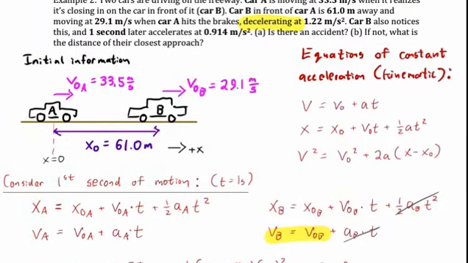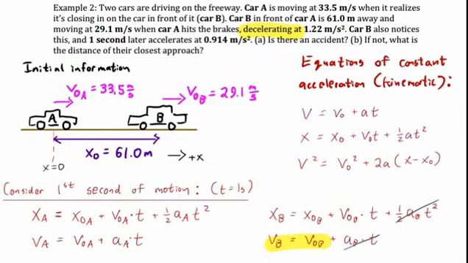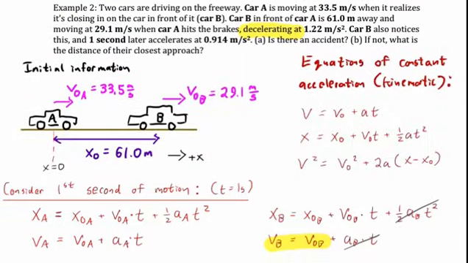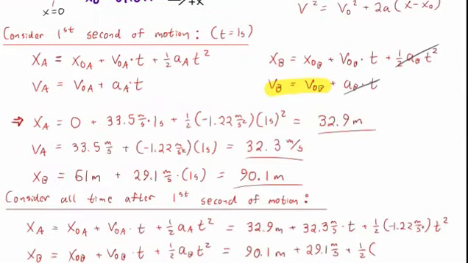So we're just going to take the 1 out of the problem, and that is 29.1 meters per second. And now there is a third non-zero term for car B because it's accelerating, because it sees that other car coming towards it and it says, okay, I better hit the gas and move ahead just in case. So its positive or forward acceleration is 0.914 meters per second squared times t squared.